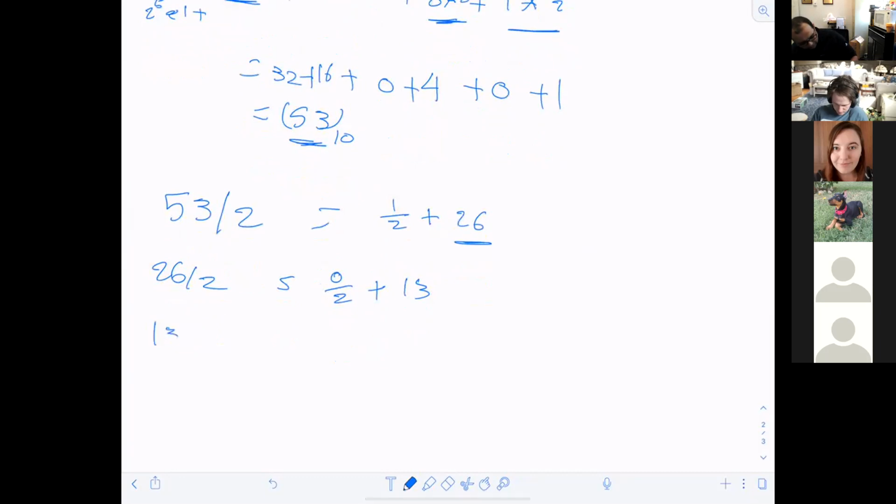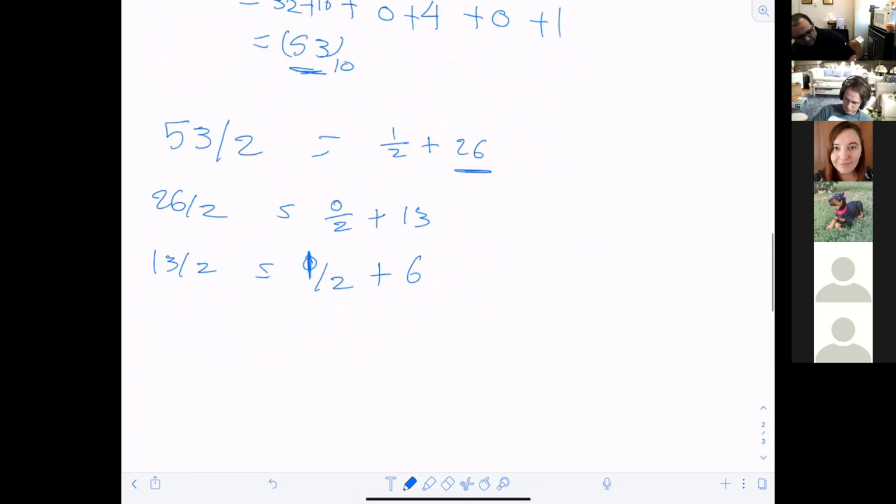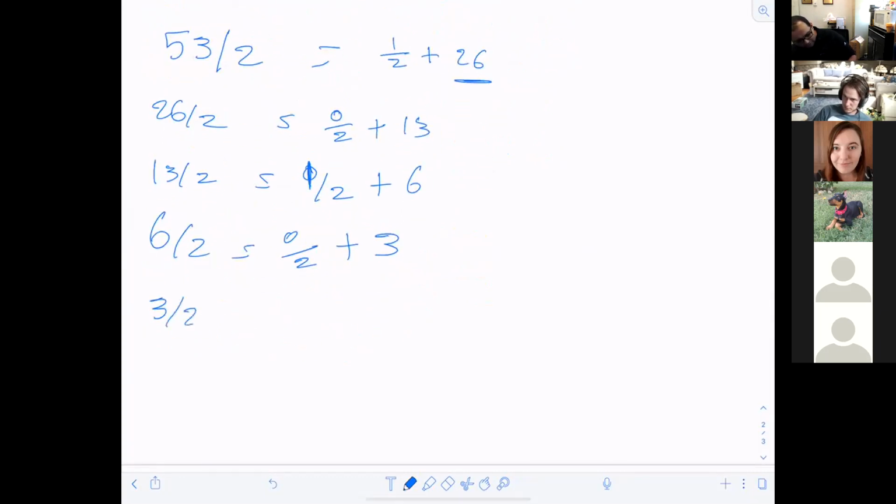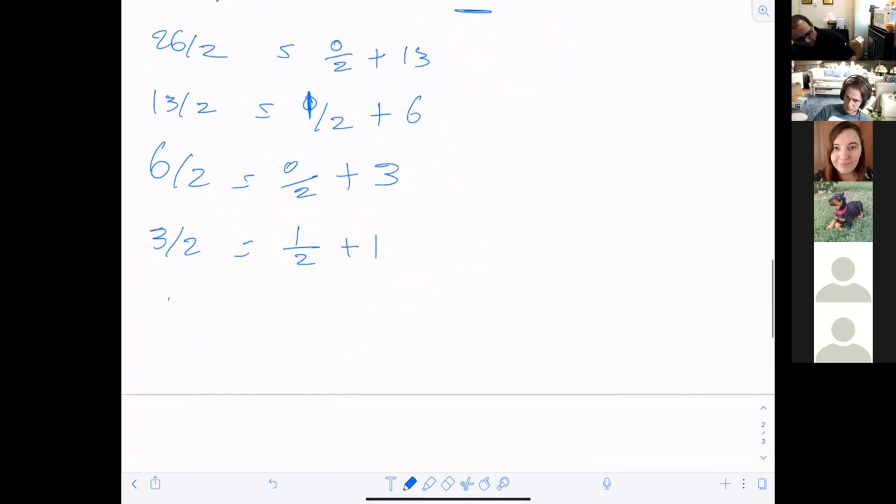Then 13 divided by 2 is 1 over 2 plus 6. Then I take 6 and divide by 2: it's 0 over 2 plus 3. Then I take 3 divided by 2, which is 1.5, right? Then 1 divided by 2 is what?